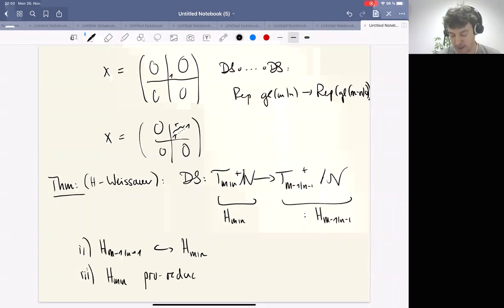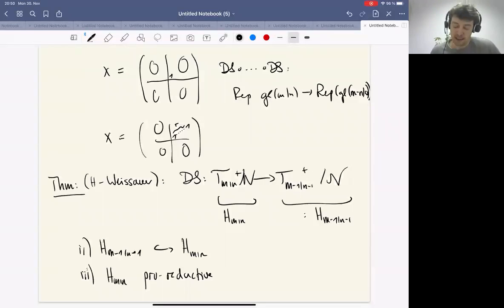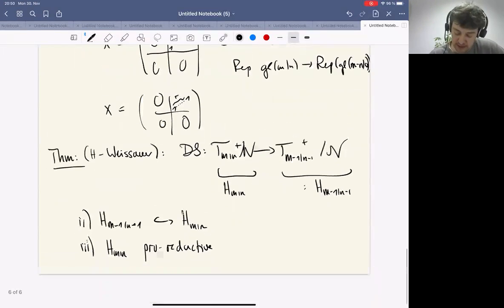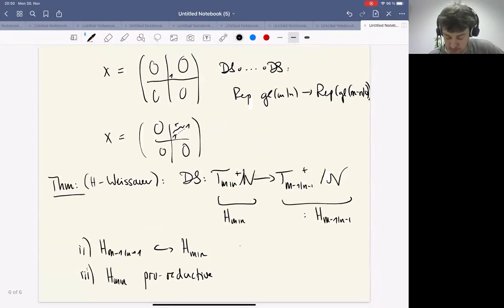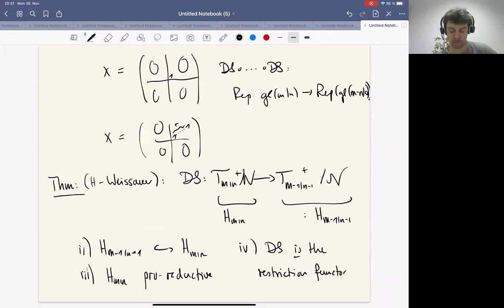So there's no super here anymore. We've thrown it away somehow. And part 4, I'll just write it in a short notation. DS is the restriction functor. So in 2, I consider this embedding, and then I can of course restrict representations of HMN to this subgroup, and DS gives me these branching laws, the branching rules.